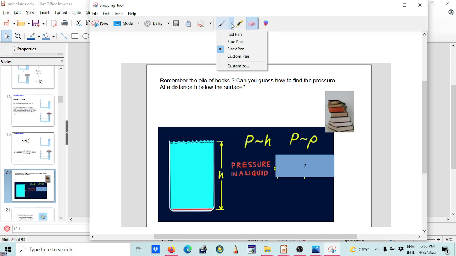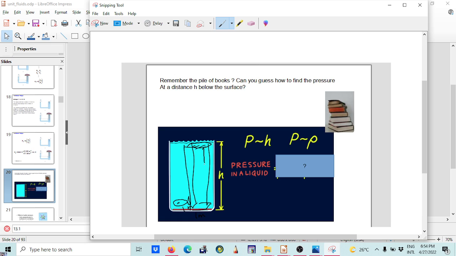If you are at a height below water, let's say you have a fish here, and you take a small area, imagine you cut out a small area 1 meter by 1 meter, of course you're going to have all this weight here pushing down.